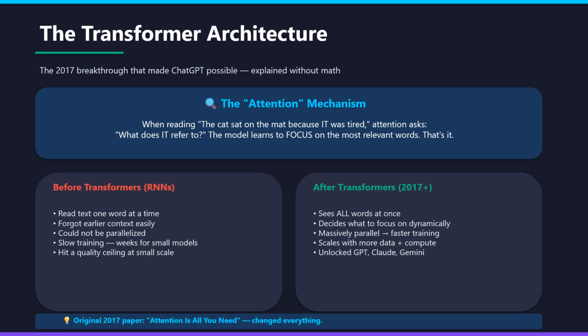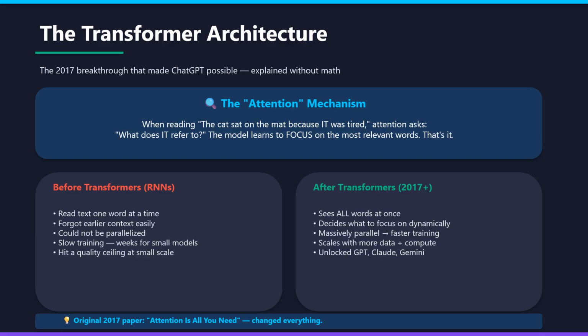After transformers in 2017, the model sees all words at once. It decides what to focus on dynamically. It's massively parallel, which means faster training. It scales with more data and compute, and it unlocked GPT, Claude, and Gemini.